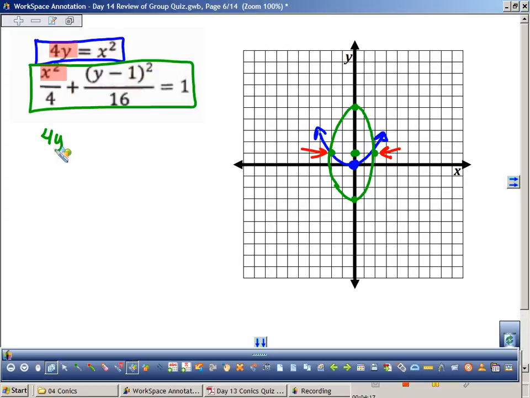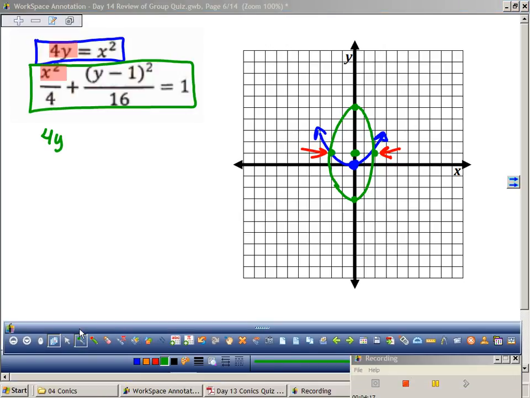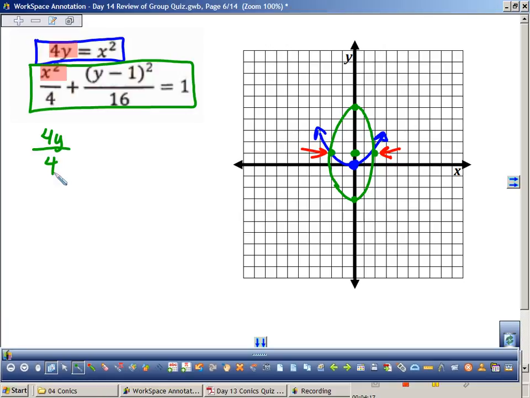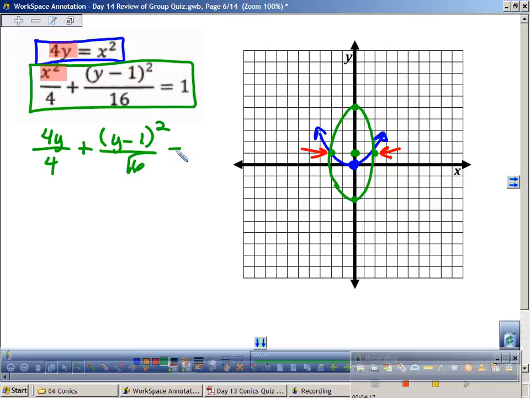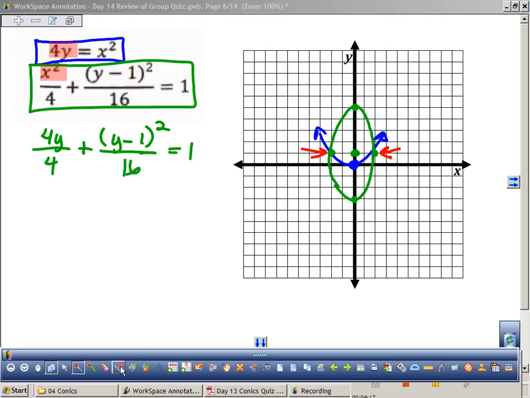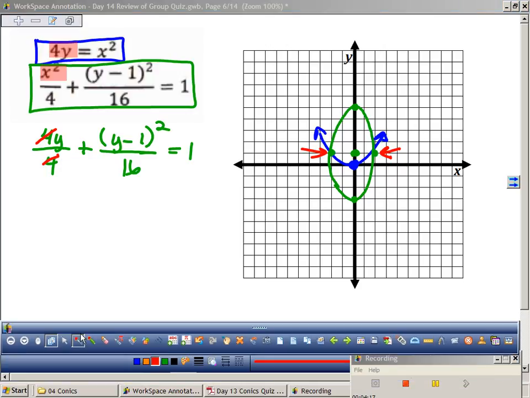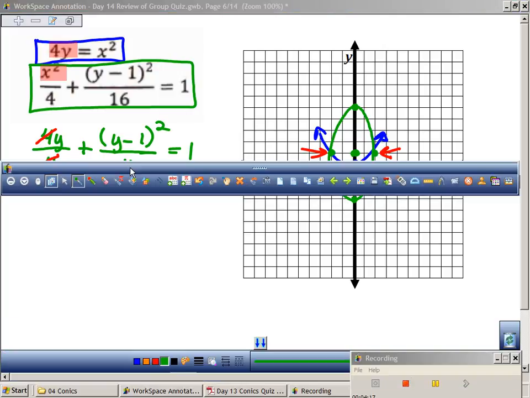So I'm going to make that 4y. So 4y over 4 equals, plus y minus 1 squared over 16 equals 1. I can cancel my 4, but I didn't have to do it that way. I'm going to multiply everybody by 16 now. If I multiply everybody by 16, that's how I get rid of that 16.